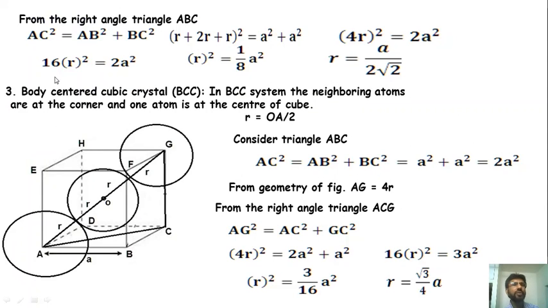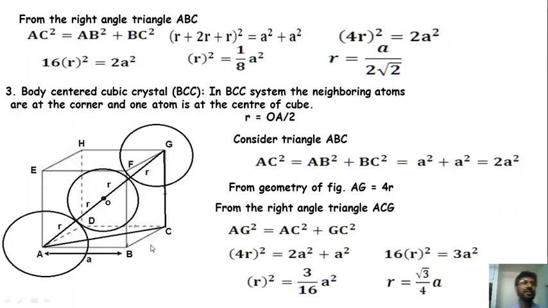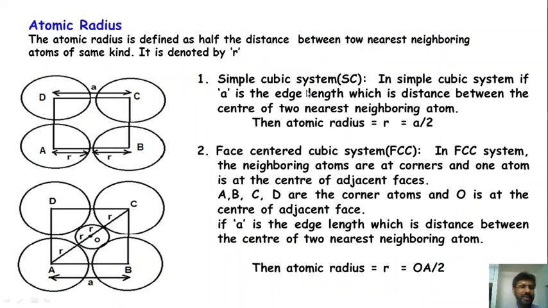From the geometry of the figure, if we connect all these corner atoms with the diagonal AC, then we get the triangle ABC. Therefore, from this triangle ABC we can write AC square is equal to AB square plus BC square. If we substitute the value of AC, then AC is equal to R plus R plus R plus R, that means AC is equal to 4R.